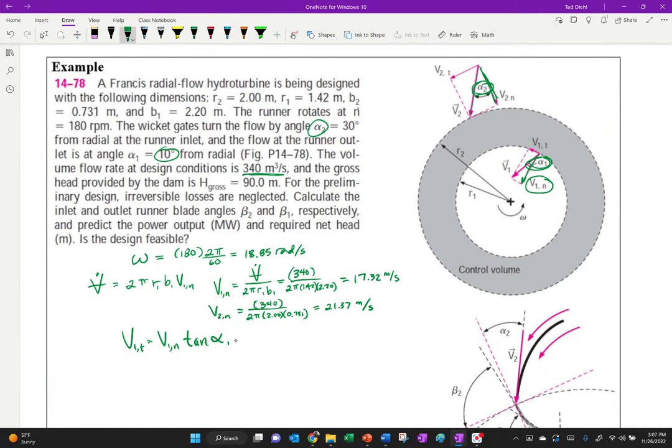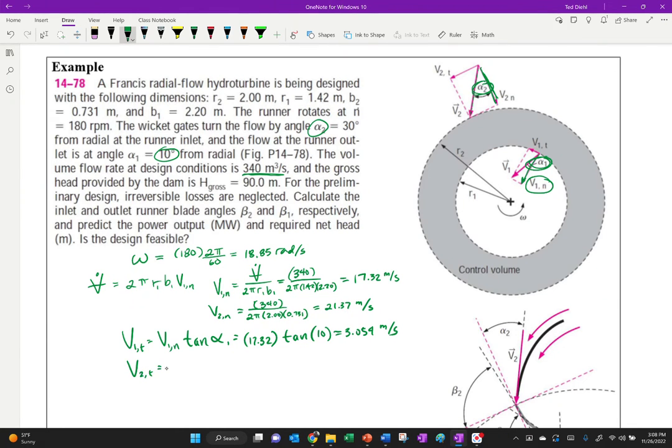So we go alpha 1 right there. So we go 17.32 times the tangent of that angle, which, see, alpha 1 is 10. So that turns out to be 3.054 meters per second.